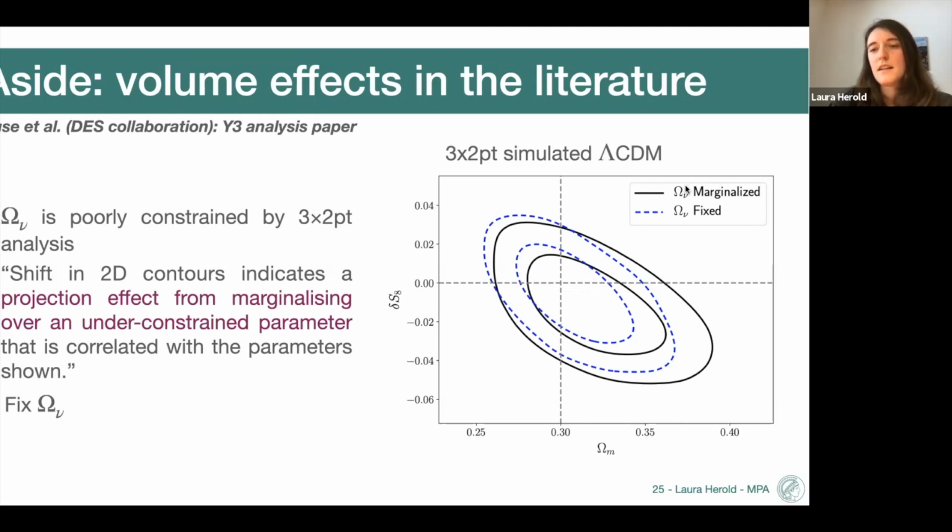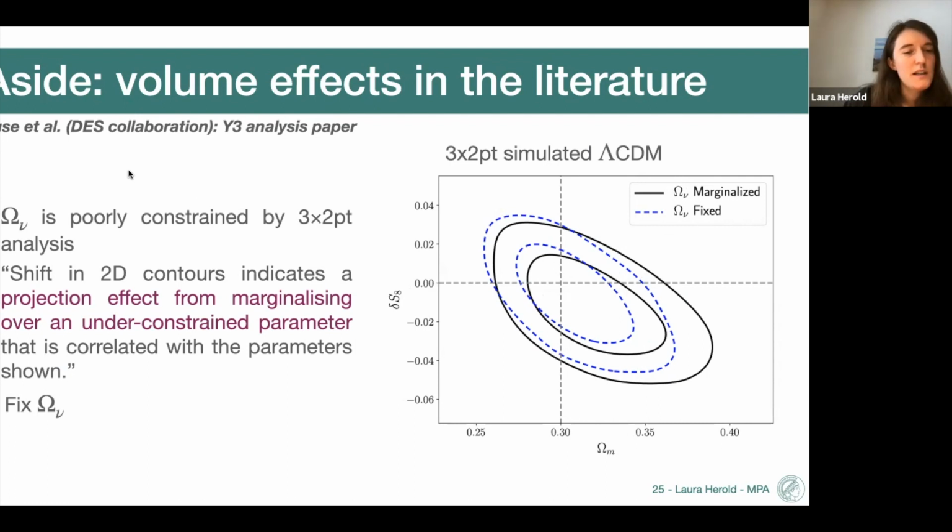One is that omega_nu, the energy density in neutrinos, is a free parameter and is marginalized over, and one is that omega_nu is fixed. They find that in the case where omega_nu is free, there is a small bias of the omega_m S8 posterior with respect to the true underlying cosmology.